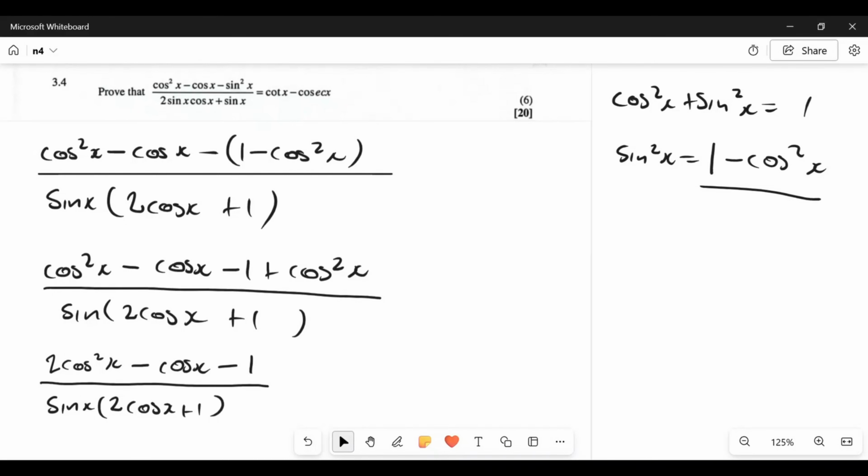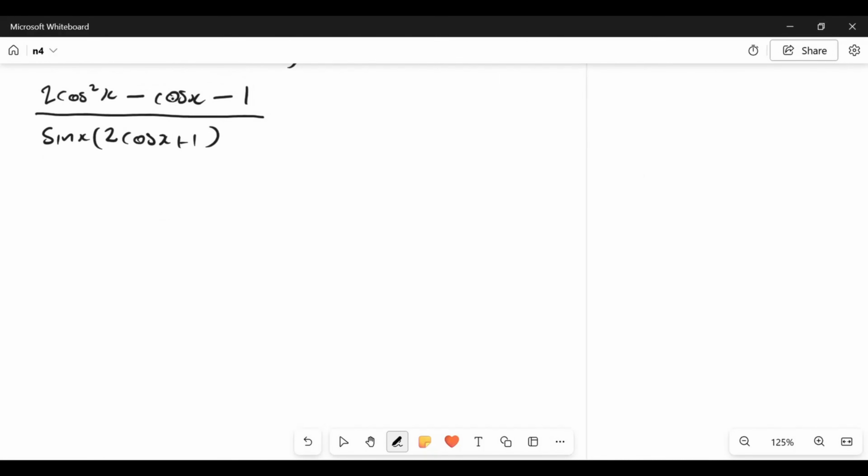Right, so let's create a space here so that we can solve this question. Let's look at our numerator then. Our numerator, guys, is actually a trinomial. We need to factorize it. So we can say open bracket, 2 cos x, close bracket, and then we have cos x as well, and close bracket. We know that 2 cos x multiplied by cos x is going to give us 2 cos squared x. Then we need to find the factors of 1 there. So the factors of 1 are 1 and 1. But then we have a negative there.